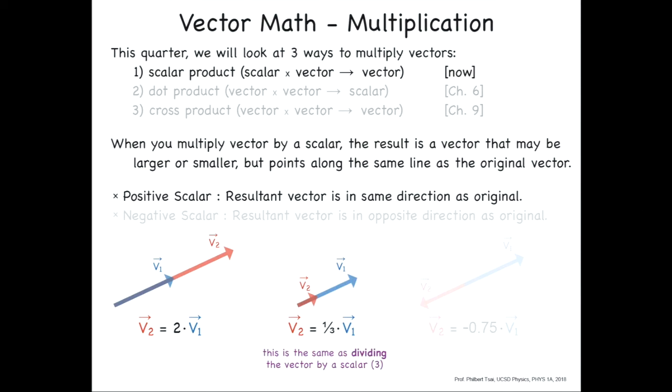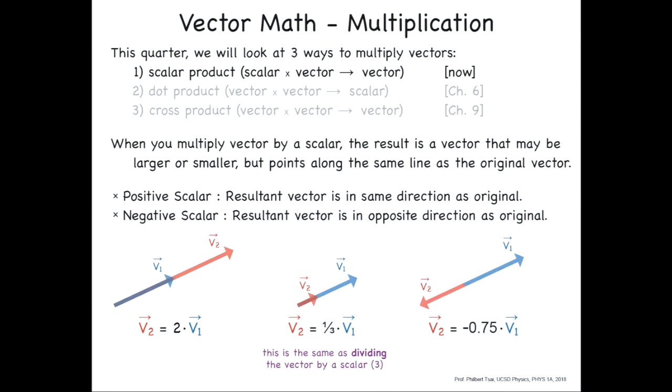And if it's a negative scalar, like if you multiply by -2, the only thing is it then flips around and points in the opposite direction, but still along the same line. We didn't have to rotate the vector. We just flipped it over. So flipping it over is allowed when there's a minus sign, but only when there's a minus sign.